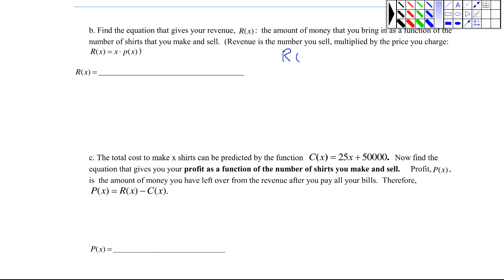Revenue, which is generally called R of x, means the total amount you bring in before you worry about paying the bills. Your profit is your revenue minus cost, what you get to take home. What's left after you pay the bills?